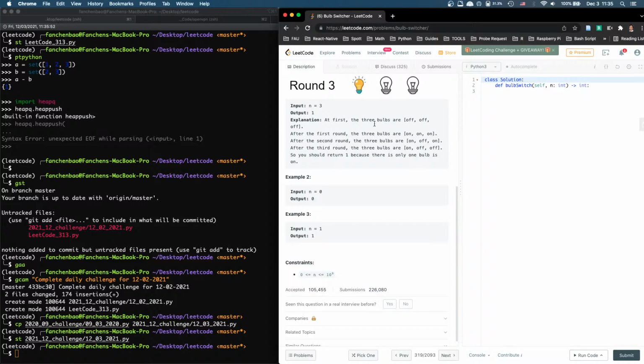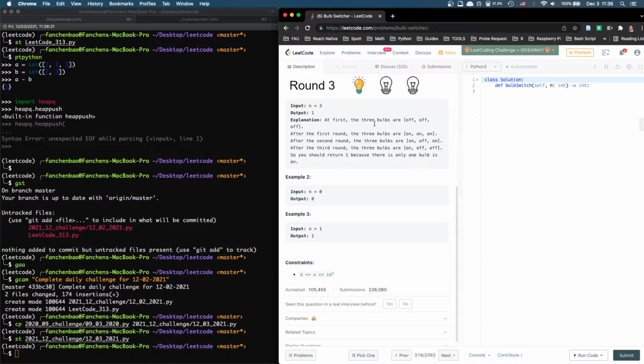So the first round, everybody on. Let's do n equal to 5, right? So second round is all the even positions. So even positions become 0. Third round, all the 3s become 0. So 1, 2, 3, 1, 2.